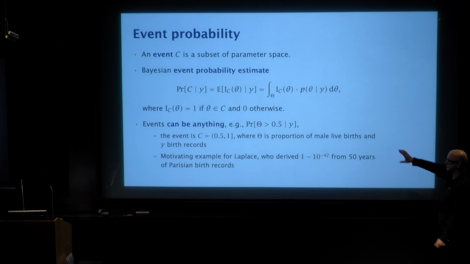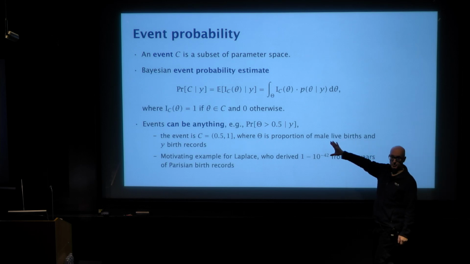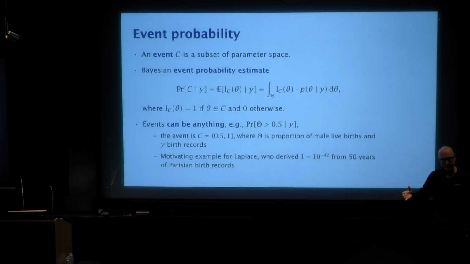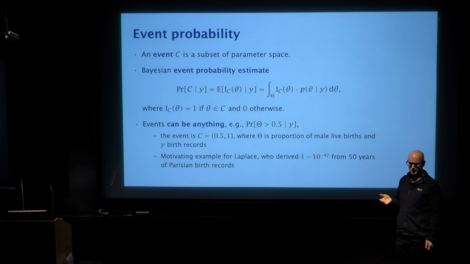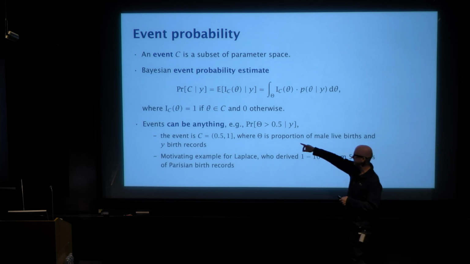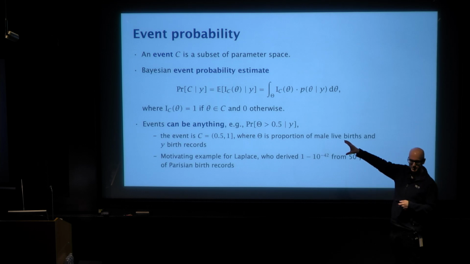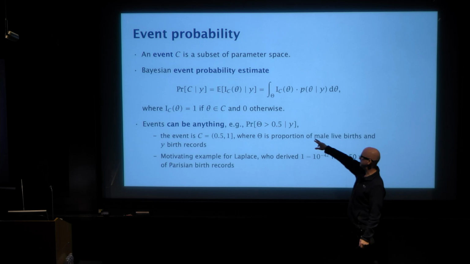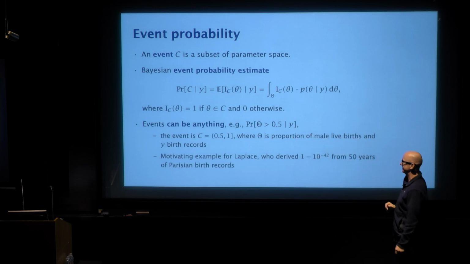So let's look at this example. This is actually the very first example that Laplace looked at in the late 1700s. He had like 50 years of Paris birth records. He looked at it and said, gee, 51% of the births or so were boys. Can I be certain that there's a higher probability that a boy is born than a girl? So he set up an event probability. He built a simple binomial model, where theta was the probability that a live birth would be a boy. And then he calculated from about 250,000 birth records in France. They kept very good records even in the 1700s.